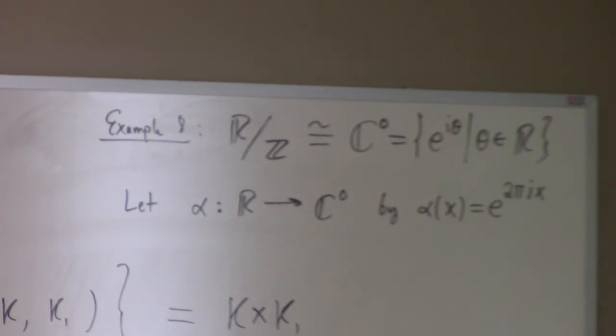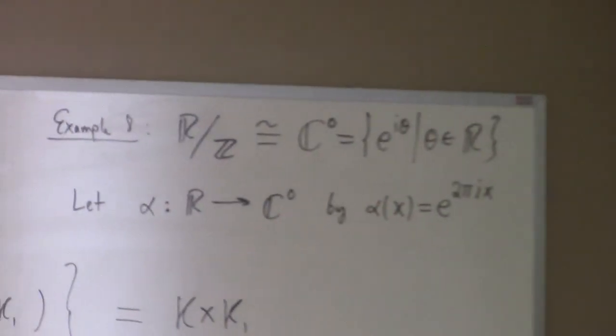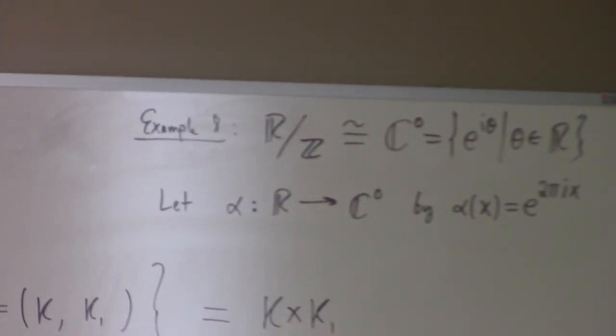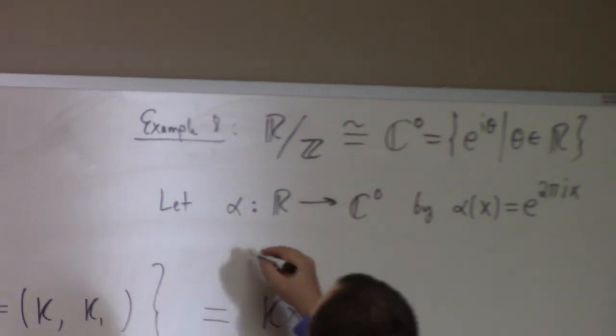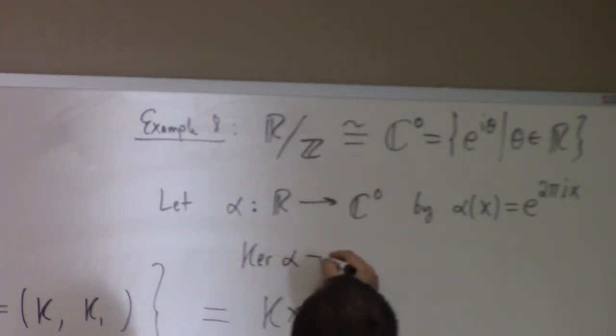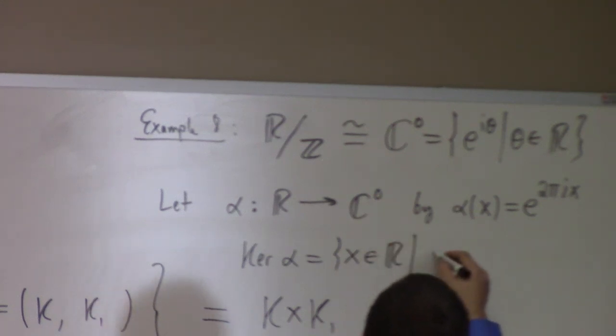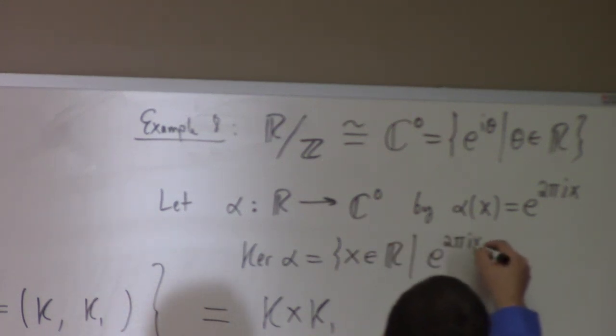You can easily check that that's a homomorphism by the usual properties of the complex exponential. And its kernel, what's its kernel? That would be x in the reals such that e to the 2 pi i x equals 1.